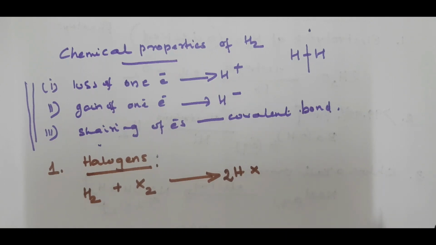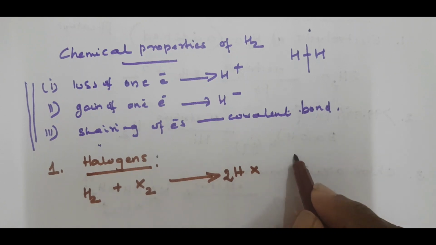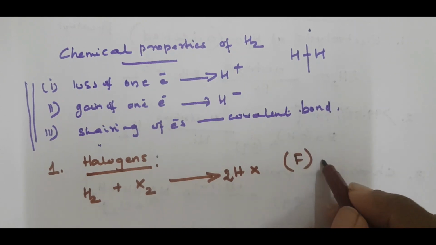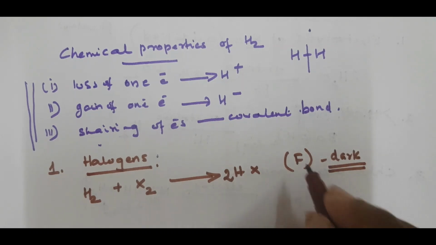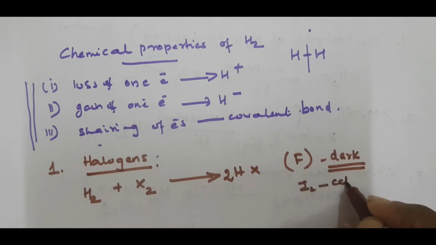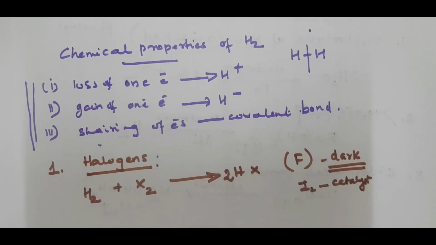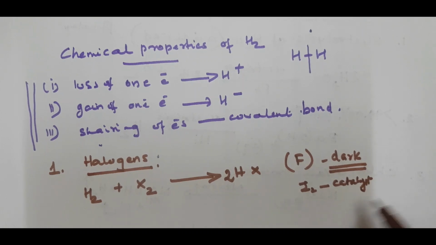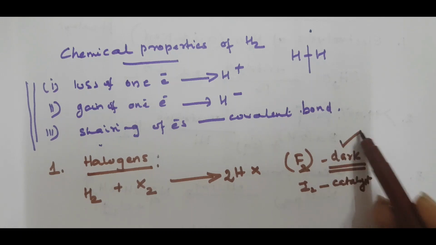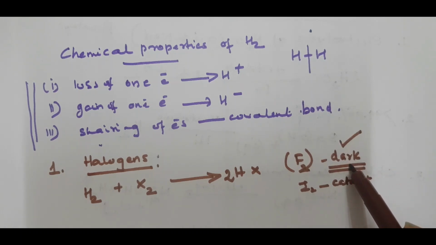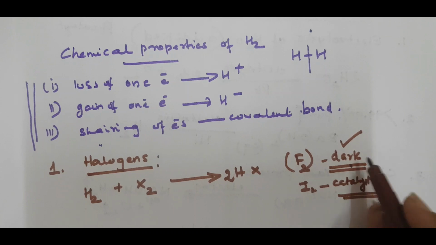Now, the reaction with fluorine occurs even in the dark, because fluorine is highly reactive in nature. But if the reaction has to happen with iodine, it needs a catalyst also. That is the variability of this reaction.